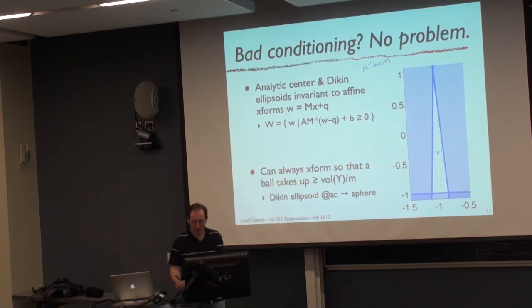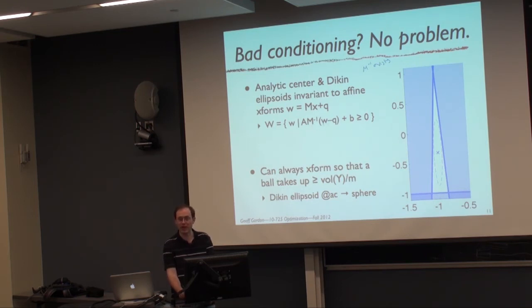And so the feasible region after that transform is capital W, which is all of the w's such that the x that you would get is feasible, right? So solving for x in terms of w is M inverse times (w minus q). You just move the q over and multiply by M inverse. And so this says that Ax plus b is greater than or equal to 0 for the x that corresponds to this w.